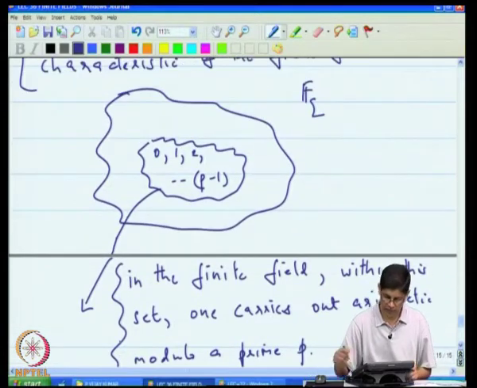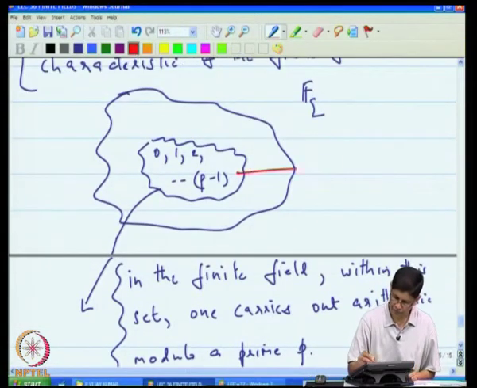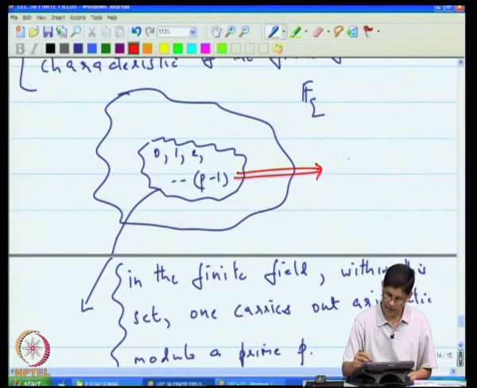What that means is that if you think about it, this is really nothing but the finite field of size p, which is the integers mod p.